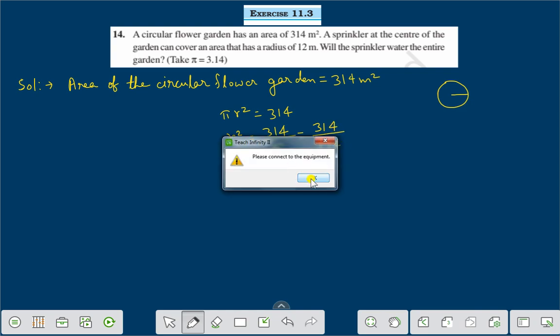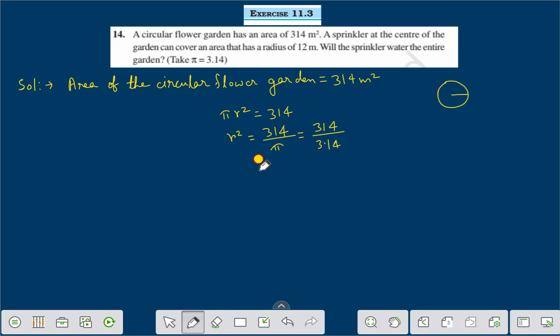If we change into fraction, then we will get 314 by 100, that is into 100 by 314, and this will be cut by 1, which comes to 100.